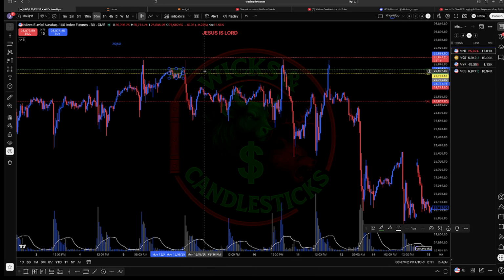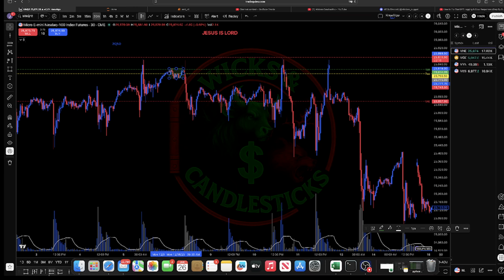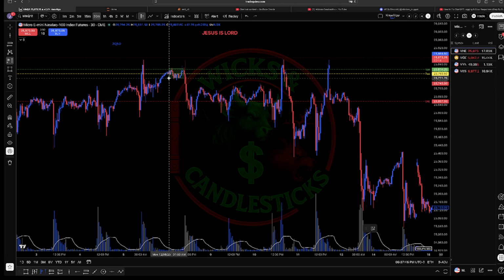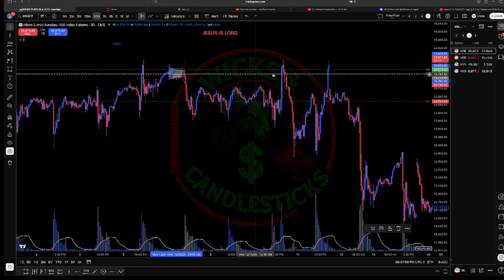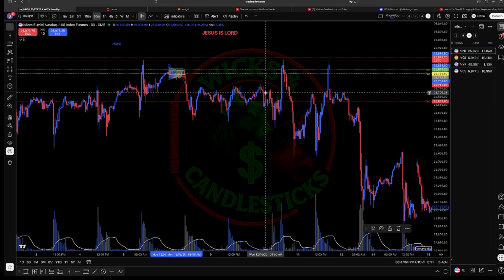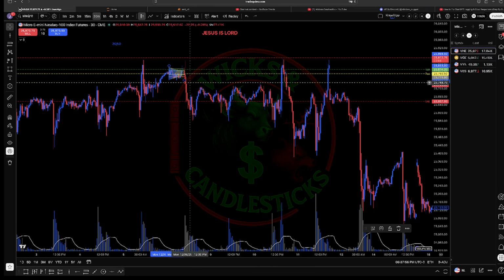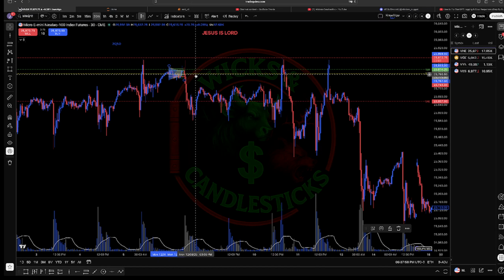So I had this here, and I drew the fixed range there. Although I had this here, because this is still that point of control where buyers and sellers like this price, but I had this right here.